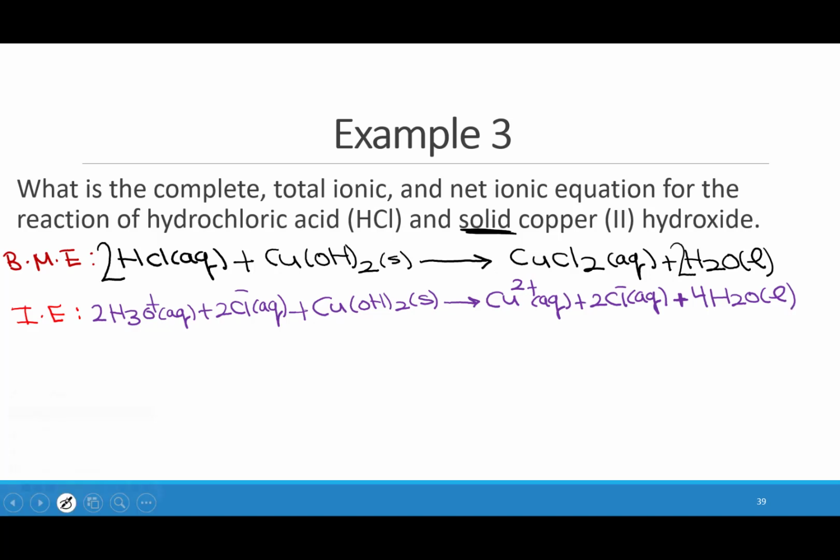Now let's do the net ionic equation. Let's see if we have any spectator ions. Yes, we only have 1, the chloride ion. That's our only spectator ion. Now the rest will go to your net ionic equation.